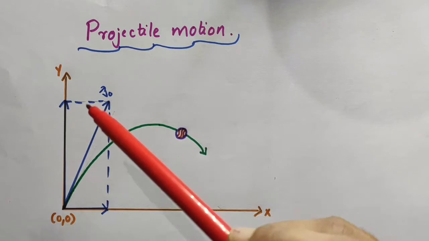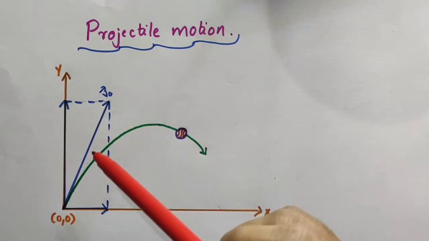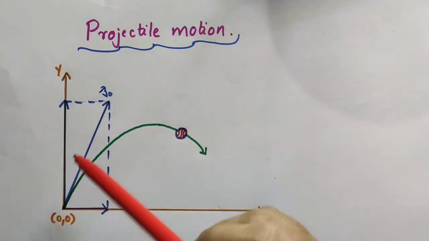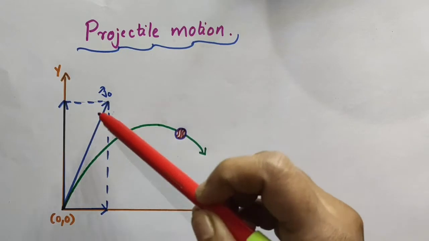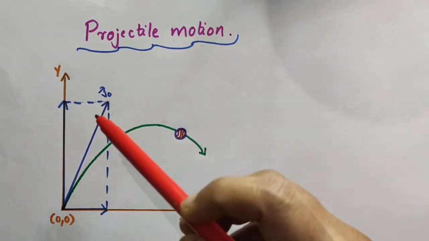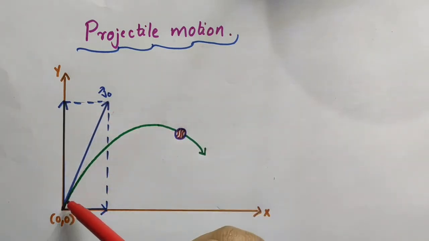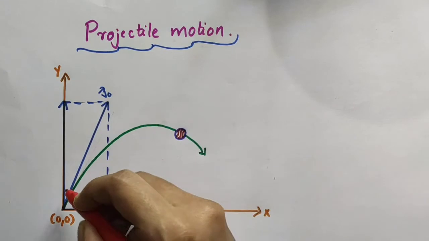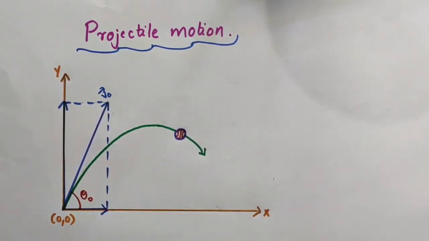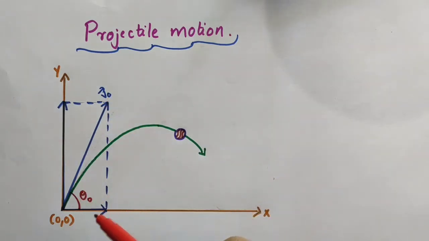We know that if you want to find the direction of instantaneous velocity at any particular point of its motion, at any particular time, we just draw a tangent at that position of that object at that instant, and we will get the direction of its velocity at that moment. Suppose this cricket ball is launched with an initial velocity vector v0, and it makes an angle theta 0 with the x-axis.